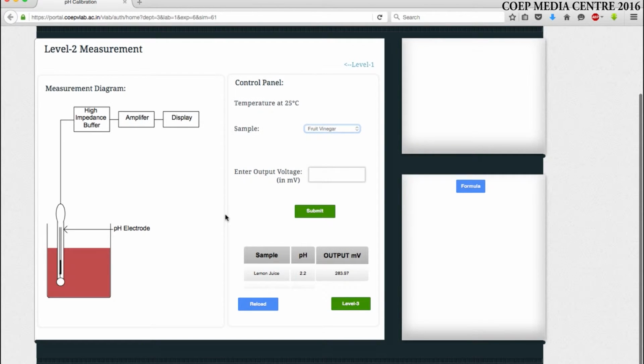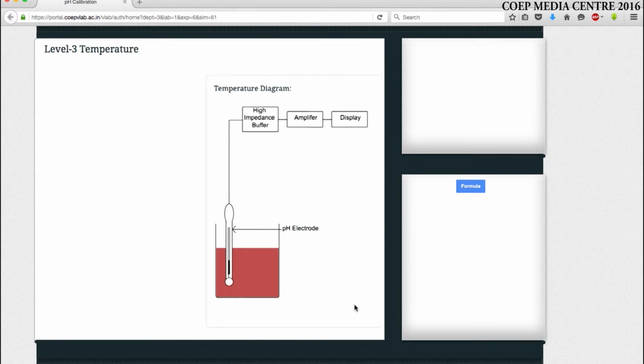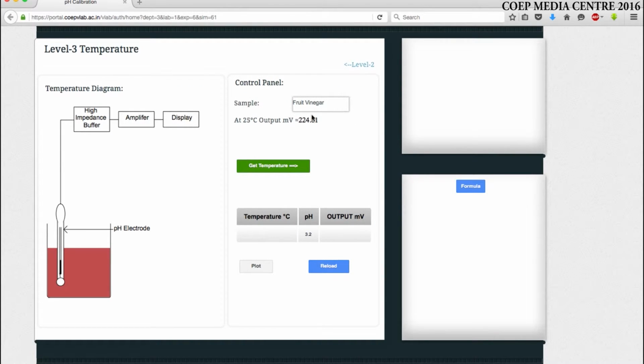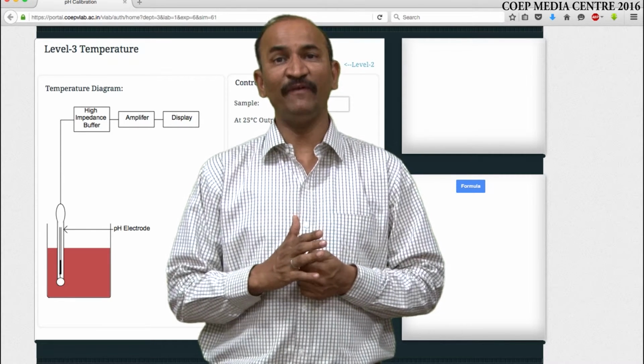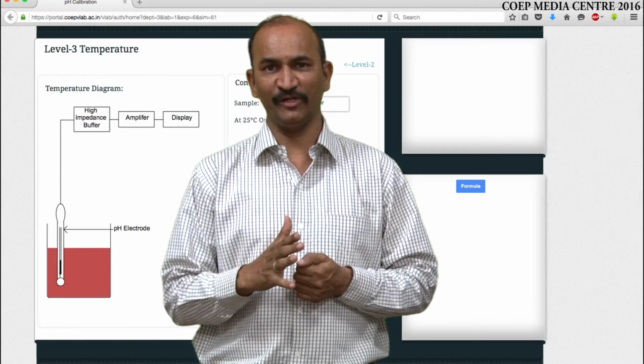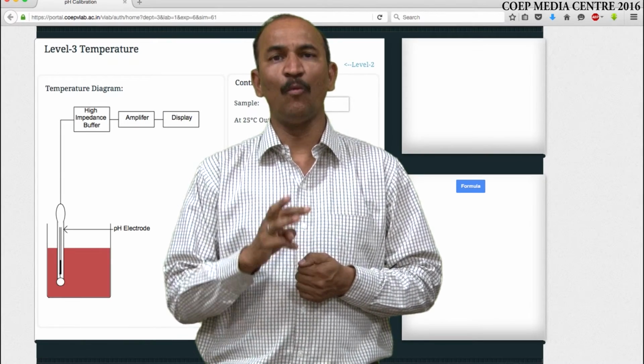After you have done with one sample, level 3 is available to you. Click on level 3. You will find you selected the sample as fruit vinegar, and the output at 25 degrees Celsius was 224.81. Now if I expose it to a different temperature, I have to calculate what will happen.